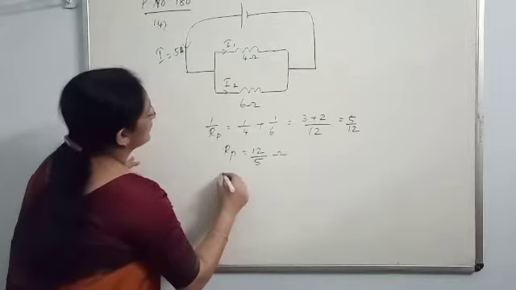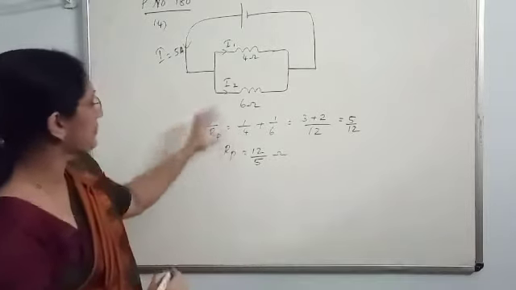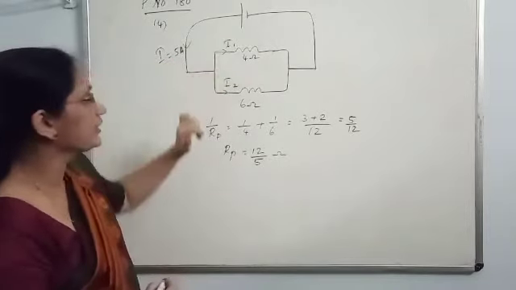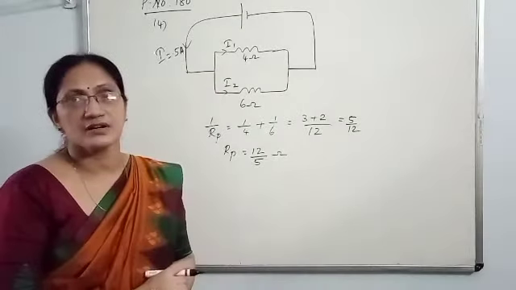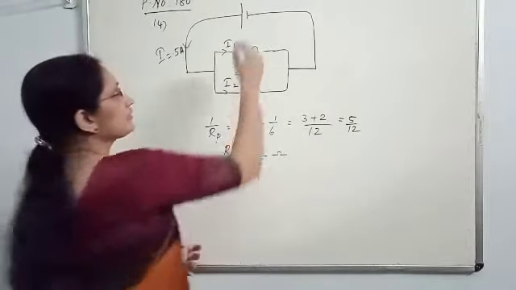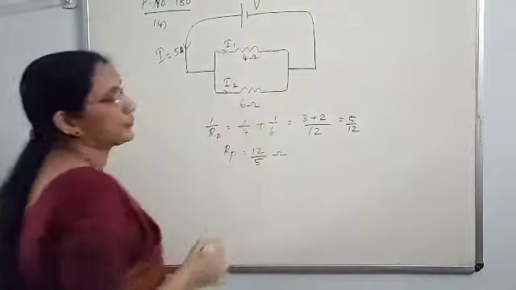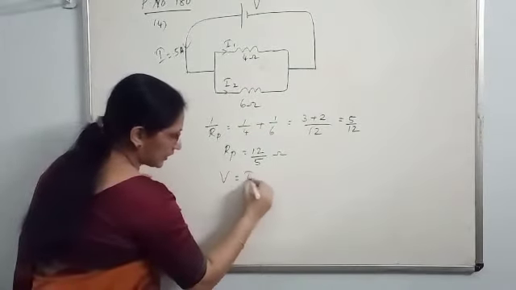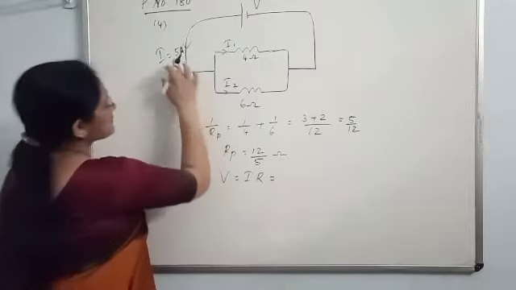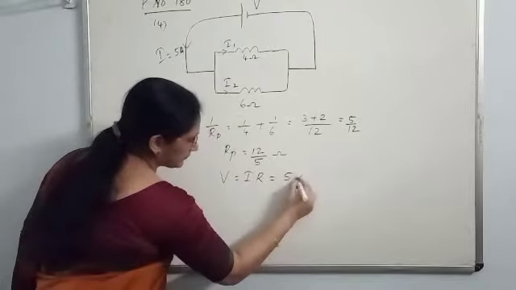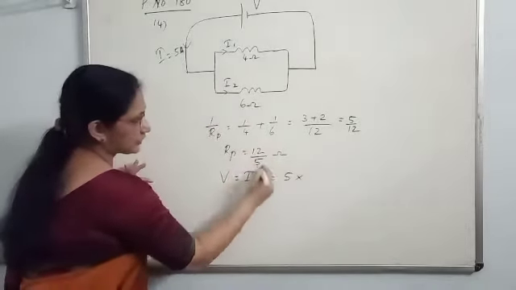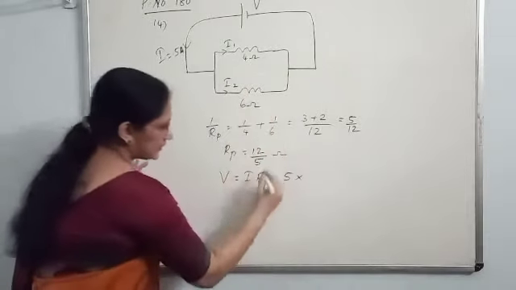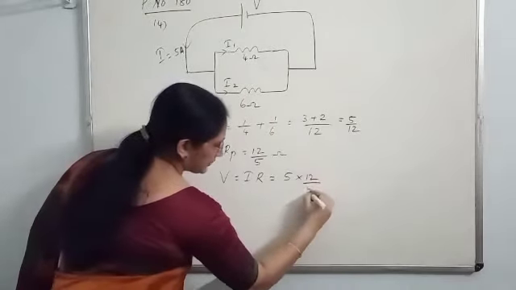So from I and R, the potential difference you can find out. V, the terminal voltage of the cell or potential difference of the cell. V is equal to I into R. I is 0.5 and R means the total resistance of the circuit, that is 12 by 5.